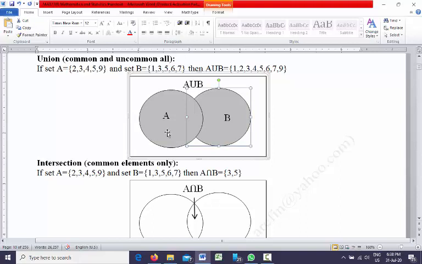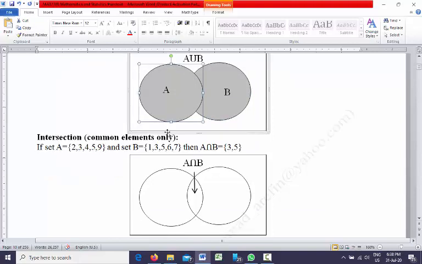But remember, when you add this full set, you are taking the common element. You are considering the A intersection B. Again, when you add set B or circle B also, you are adding A intersection B, the common part again.